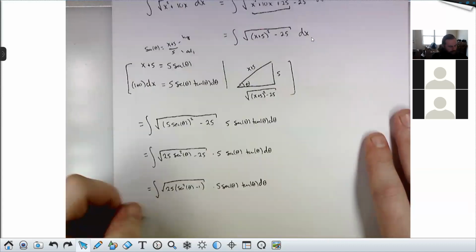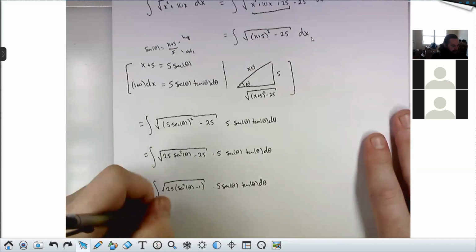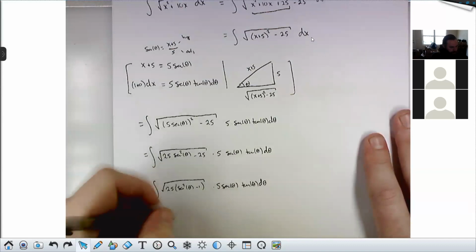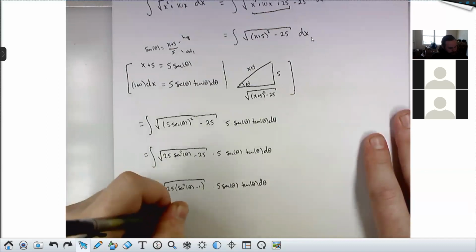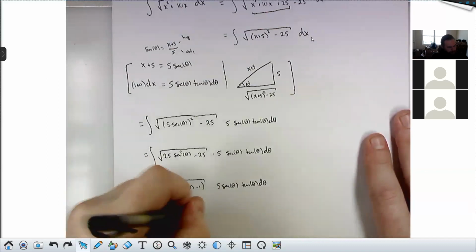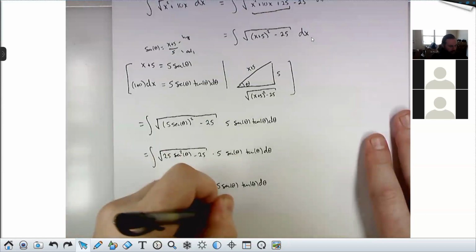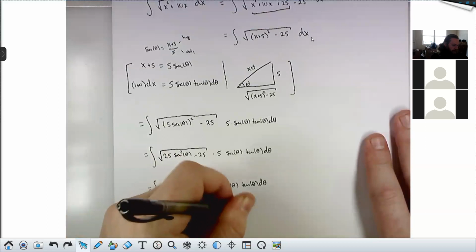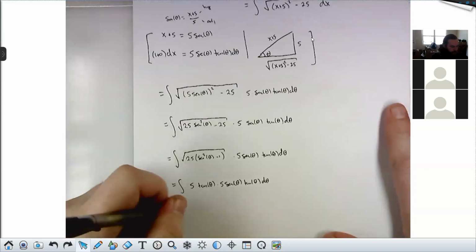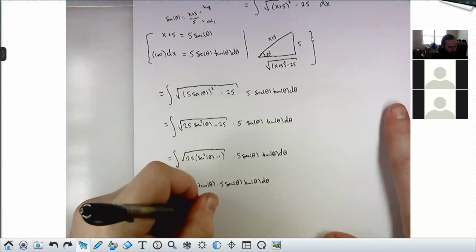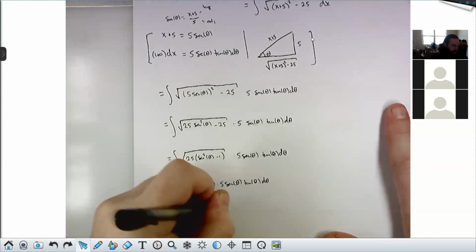This is a looping integral. There's no nice way about it. This is 25 times tan squared theta. So that's going to be 5 tan theta times 5 secant theta tangent theta d theta. So you're right, there's no escaping it. It's a 25 integral secant theta tan squared theta.